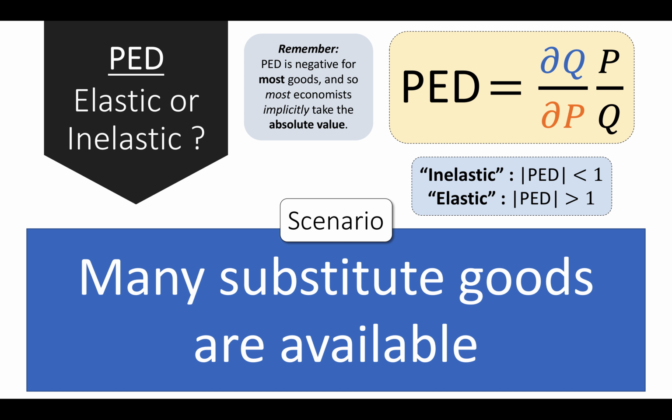If brand A is cheaper one week and brand B is cheaper the other week, and you always follow the cheaper brand, then we would say that the quantity demanded of any particular brand is very elastic to its price. If I'm managing brand A and I lower the price, I would expect many more customers to buy my brand because I suddenly am cheaper than all of the other brands of Raisin Bran in the market. So when many substitute goods are available, we say that demand is very elastic.